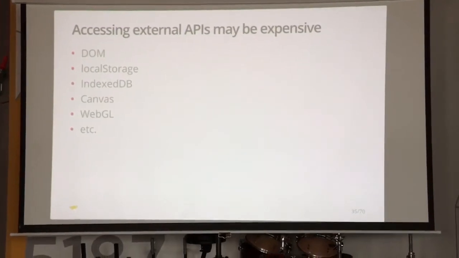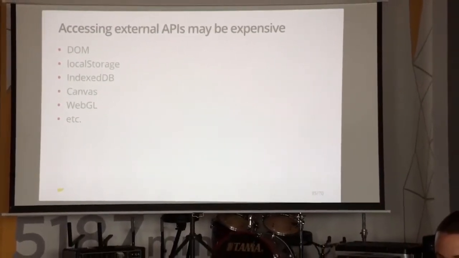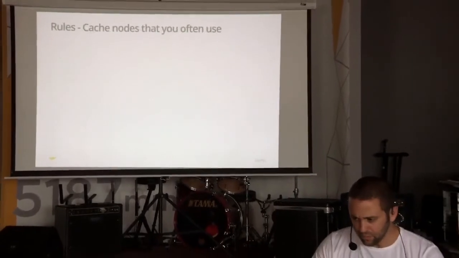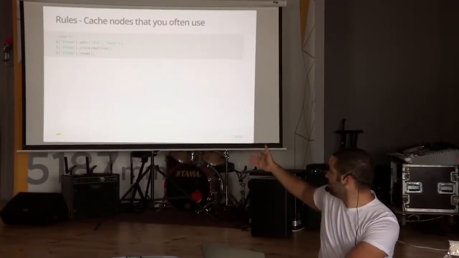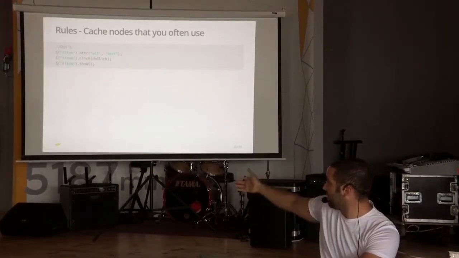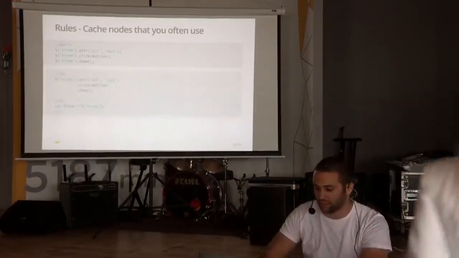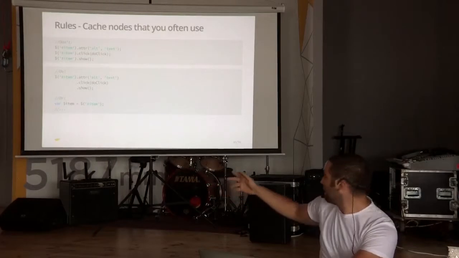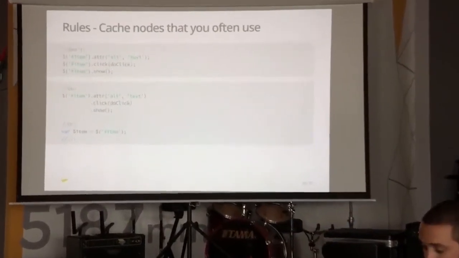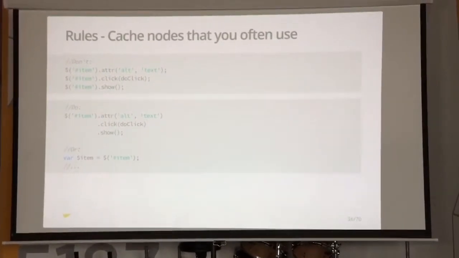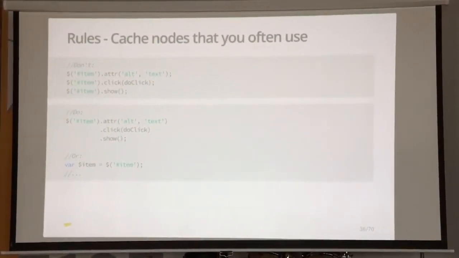So try to optimize the number of times you access the DOM. For example, this is jQuery syntax. I don't have to select the item 3 times. I can select it once, cache it, and then perform my changes, and it will be done in one access to the DOM.